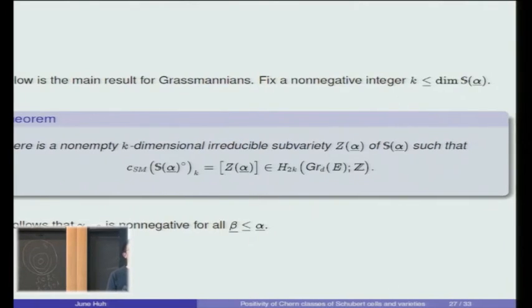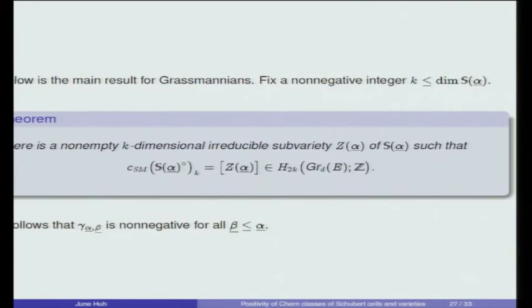It's a certain k-dimensional homology element inside the group of homologies of the Grassmannian or Schubert variety S alpha. And the claim is that this is actually a fundamental class of a certain reduced and irreducible k-dimensional variety indexed by alpha. There is a reduced and irreducible k-dimensional variety whose fundamental class is the k-dimensional part of the Chern class.